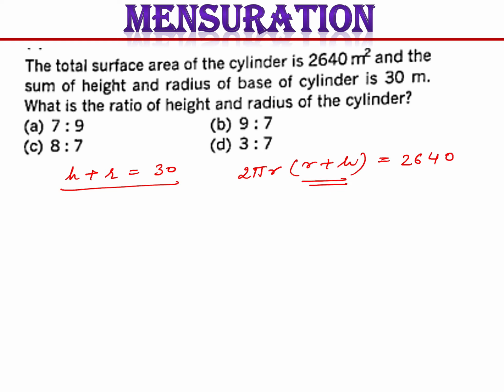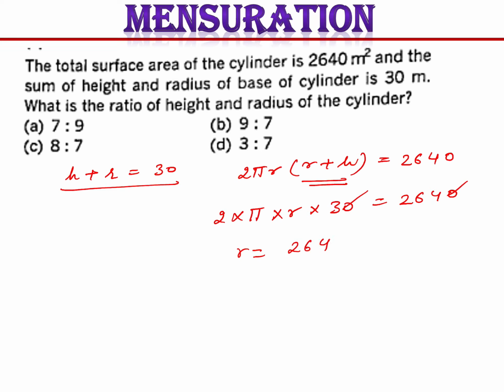Now I am given the value of r plus h. So 2 into pi into r into 30 is equal to 2640. So from here I can calculate the value of r. I will keep r on one side and take the remaining terms on the other. Let me cancel this 0.